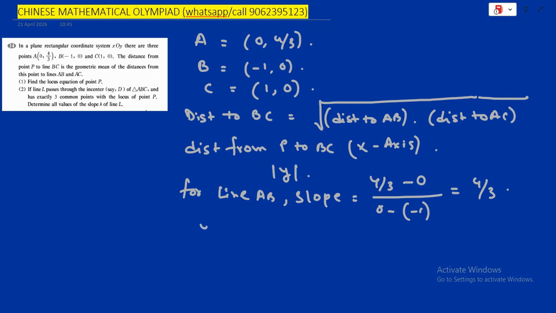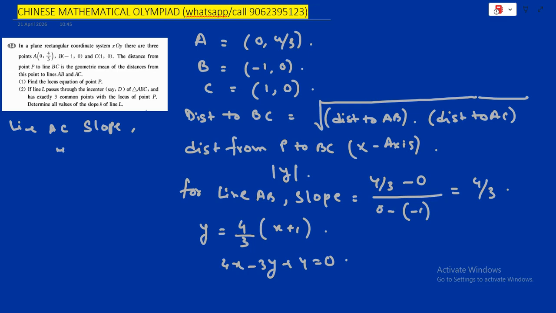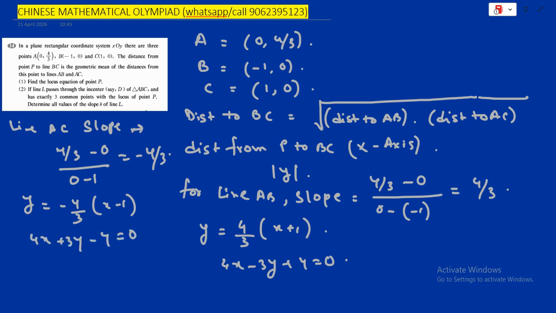So the equation becomes y = 4/3 (x + 1), so this will be 4x - 3y + 4 = 0. Now line AC slope: (4/3 - 0)/(0 - 1), so this is -4/3. Now the equation becomes y = -4/3 (x - 1), so this is 4x + 3y - 4 = 0.